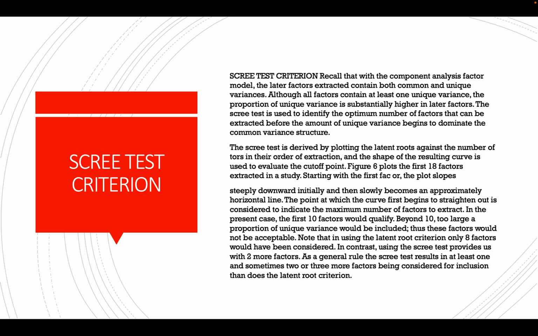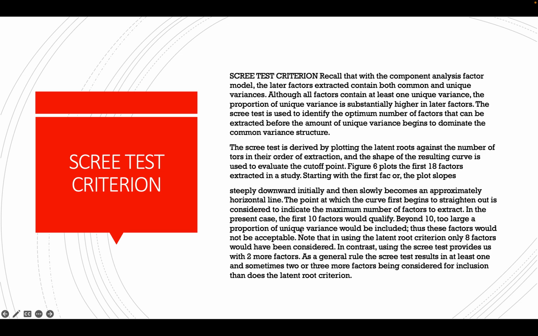Figure 6 plots the first 18 factors extracted in the study, starting with the first factor, of the plot slope, which I will show on the next slide. The plot slopes downward initially and then slowly becomes an approximately horizontal line. The point at which the curve first begins to straighten out is considered to indicate the maximum number of factors to extract.